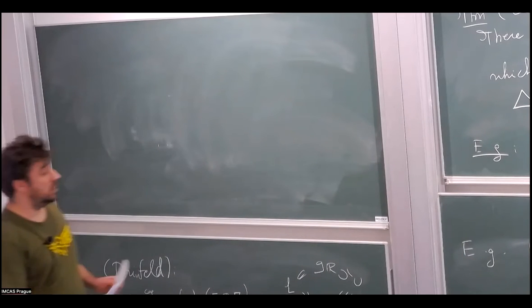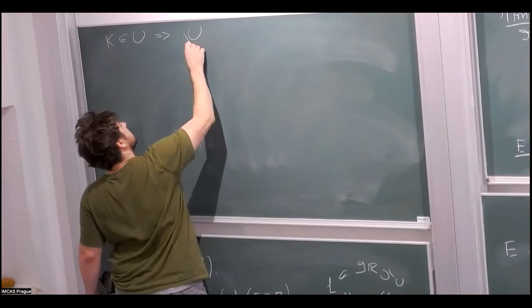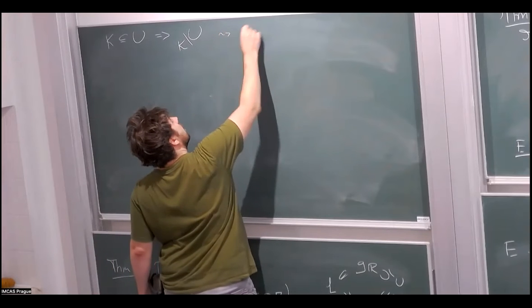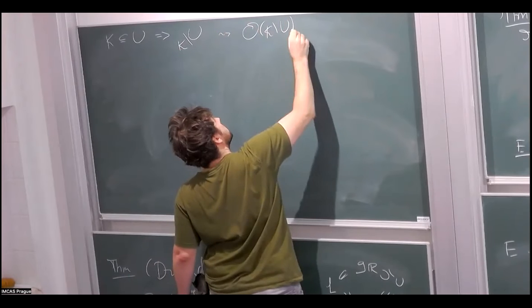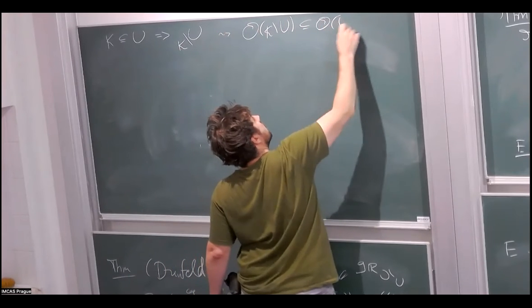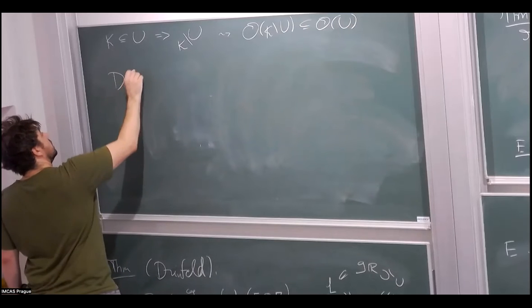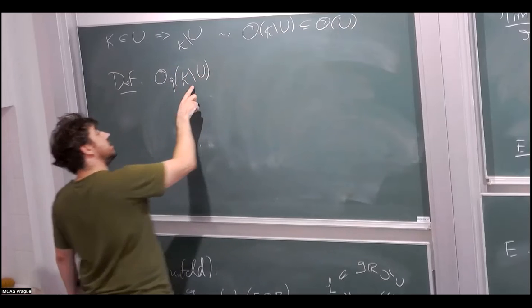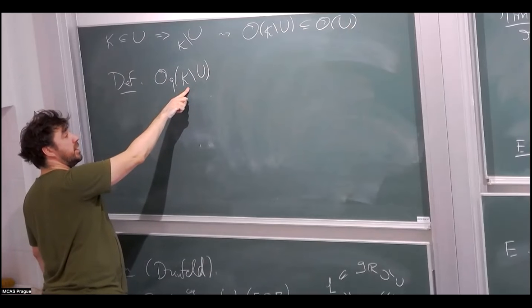So the idea is, well, if I have K and U, I told you I can look at this homogeneous space U mod K. And then classically, well, taking functions is contravariant, so functions on this quotient space will be given as a subalgebra of functions on U. If I want to quantize this, I need to say, what is this quantized function algebra of functions invariant under left multiplication by K?